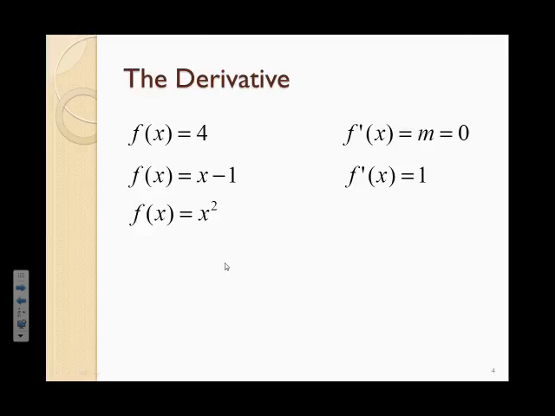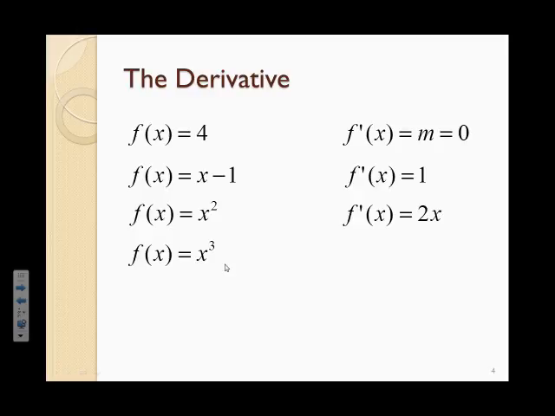In the video the other day, we looked at x squared, and we went through that process and discovered that the slope, or the derivative, was equal to 2x. Now in the homework that you were supposed to have done for today, it asked, okay, well, what happens with x to the third, or x cubed?